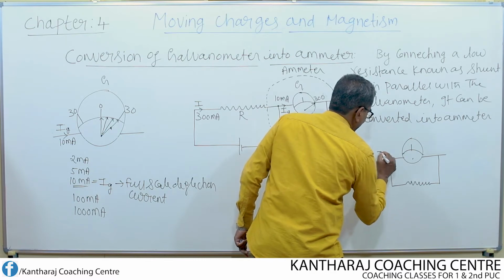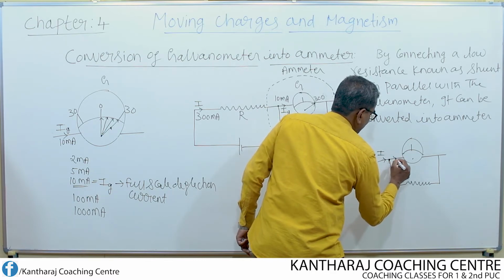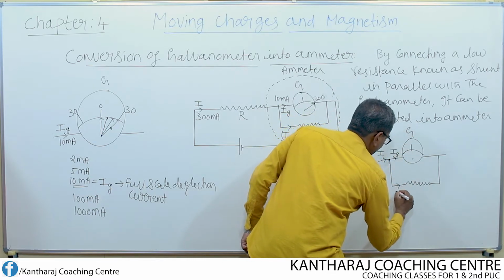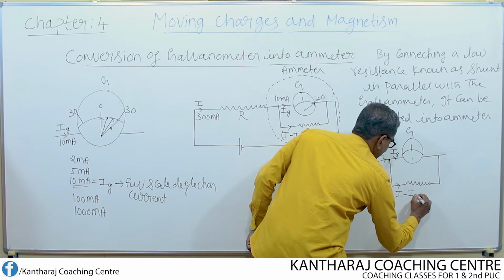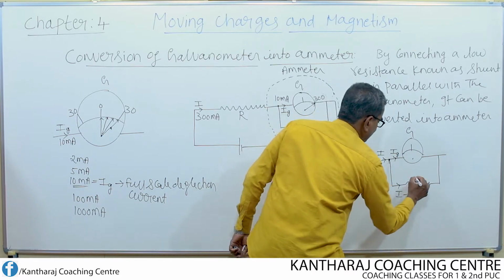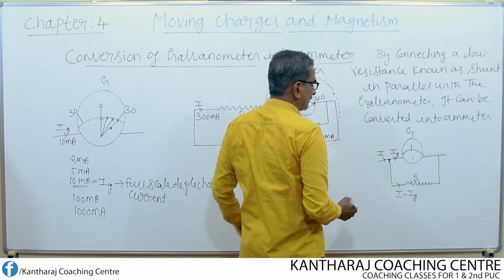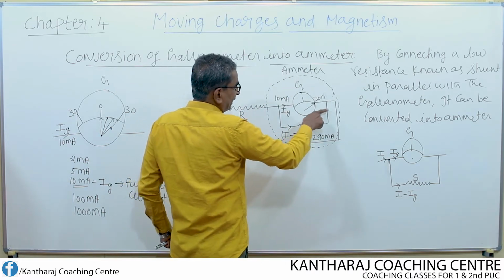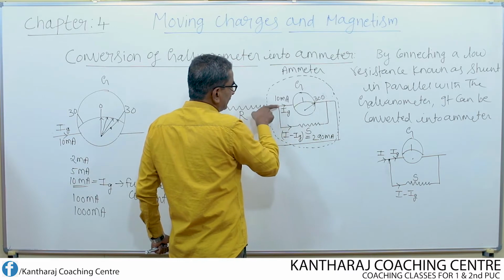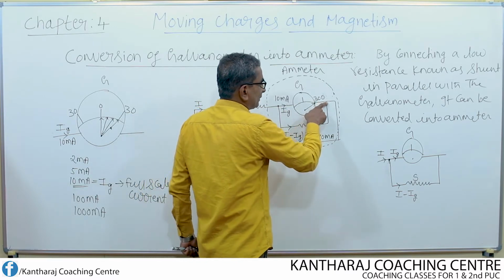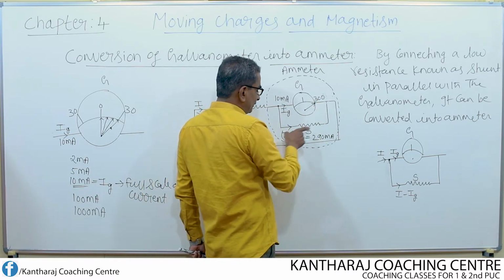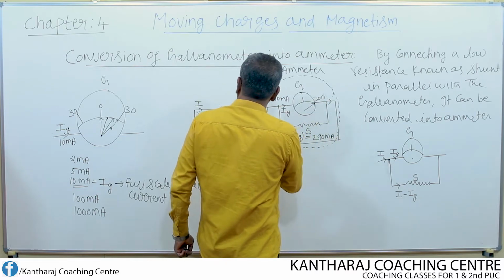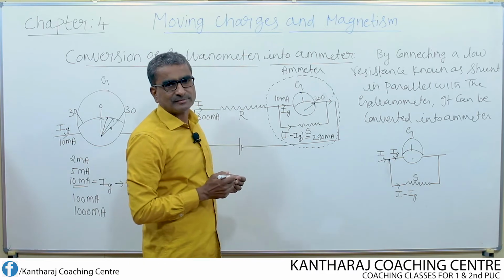Main current is I. At this point, it splits into Ig, which flows through galvanometer. Remaining current is I minus Ig, and this is nothing but shunt. Now here what happens? 290 milliamps comes to this point, and 10 milliamps also comes to this point. Here 10 milliamps plus 290 milliamps totally produces once again the main current of 300 milliamps.